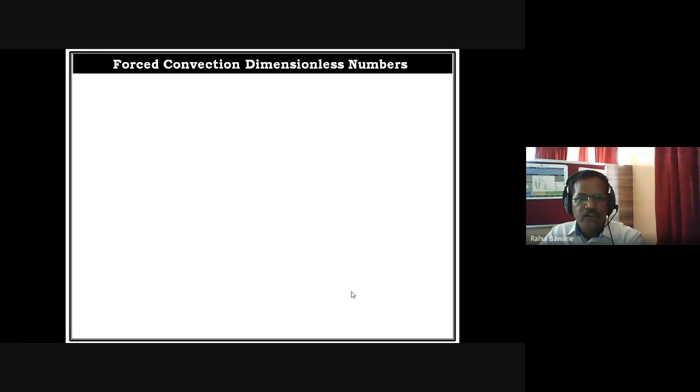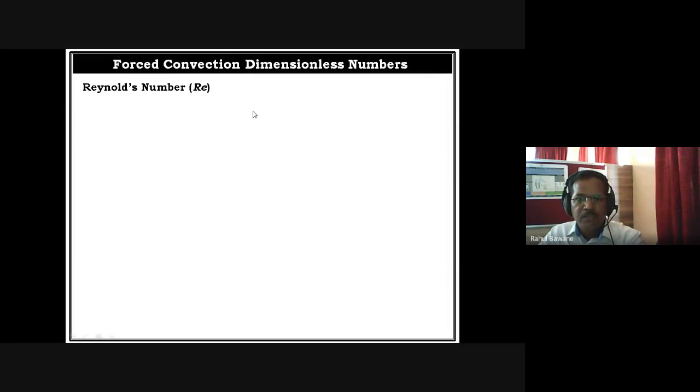First number is the Reynolds number. Remember friends, whenever there is a Reynolds number in your numerical, that numerical definitely belongs to forced convection, because in natural convection Reynolds number does not exist. Now what is the Reynolds number?